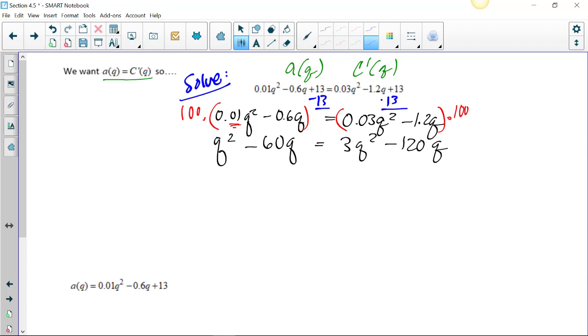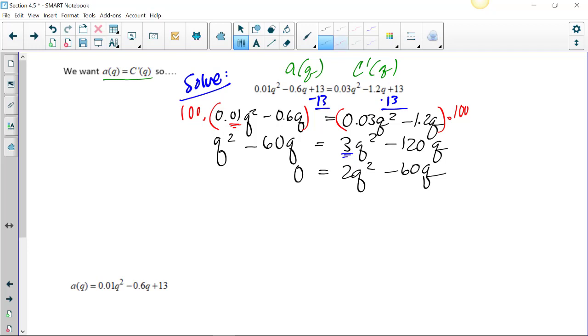I can see it's a quadratic equation, so I want to gather my like terms on one side. I'm going to put everything on the right side since my q squared term on the right is larger and positive. So if I move everything from the left over to the right, I have 3q squared minus 1q squared is 2q squared, and negative 120q plus 60q is negative 60q, and that's equal to 0.